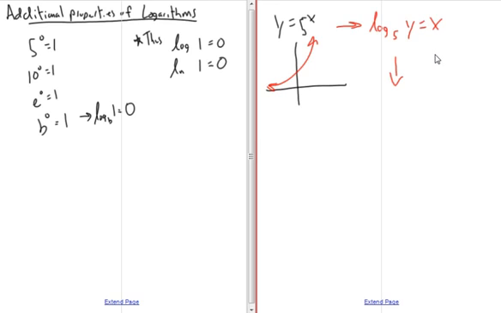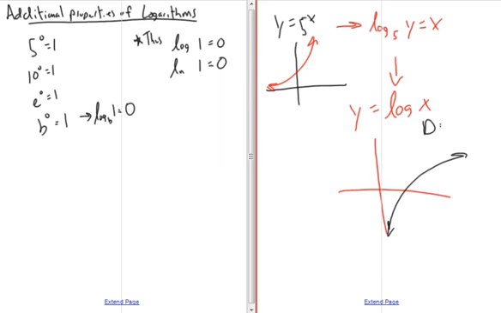We normally have those switched around. So just to show the normal way that we would write a logarithmic function, it would be y equals log of x. And as we talked about before, that graph is going to look like this. And we noted that the domain is all x values greater than 0.